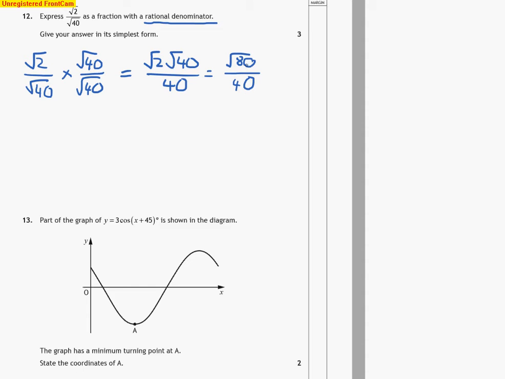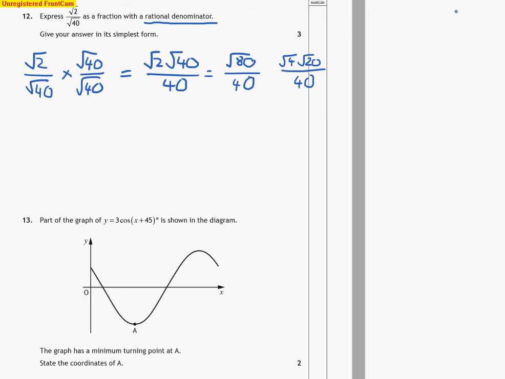So why don't we try root 4 times root 20, divided by 40. I know that root 4 is going to give us 2, and sometimes it might help to write down some of your square numbers on the side, just to help you remember.